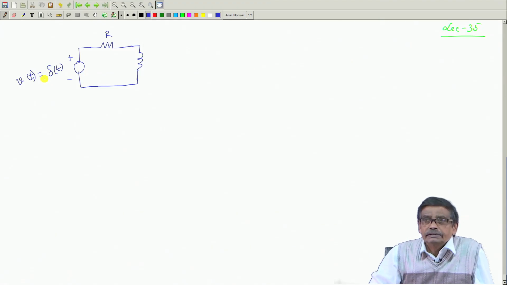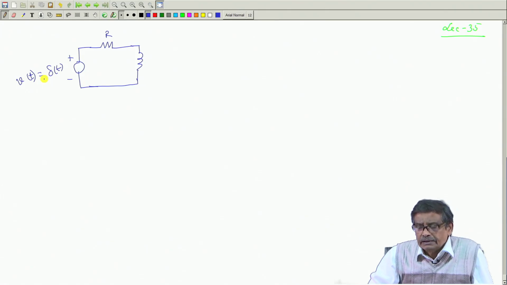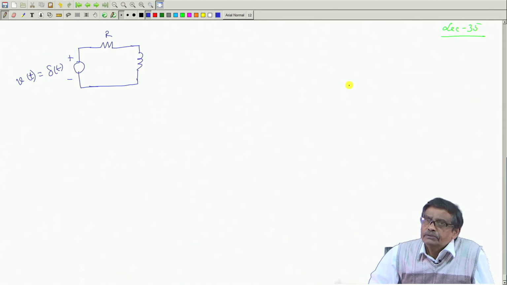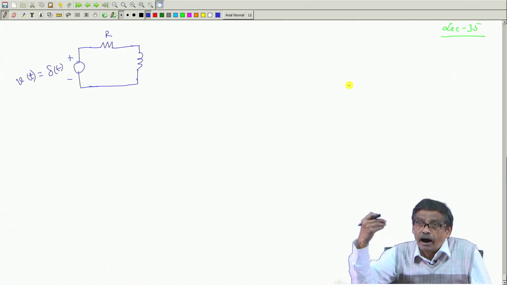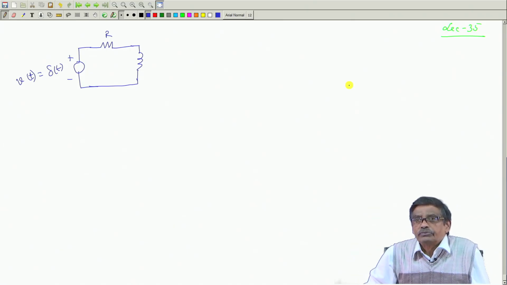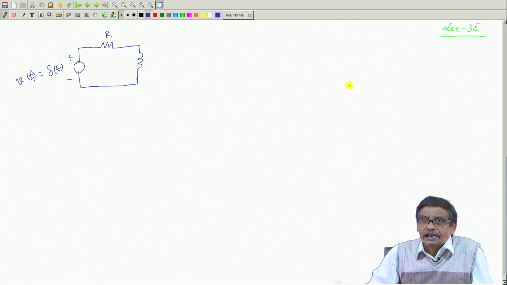But the important point is, we will show later that if the circuit is linear and time invariant, then if you know the impulse response, which you will do on pen and paper, then you can predict the performance of the circuit for any other arbitrary input signal. That is why people study this.